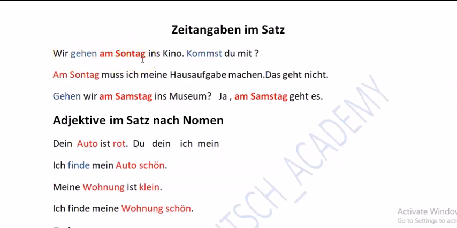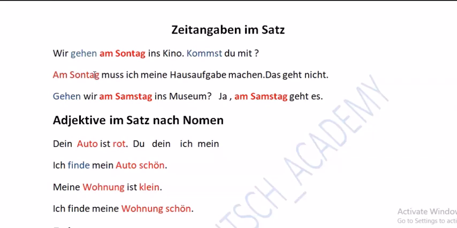In this sentence, the adverb of time is in the first position. If we would like to use an adverb of time in the beginning of a sentence, then we can do this, and it is the first position.